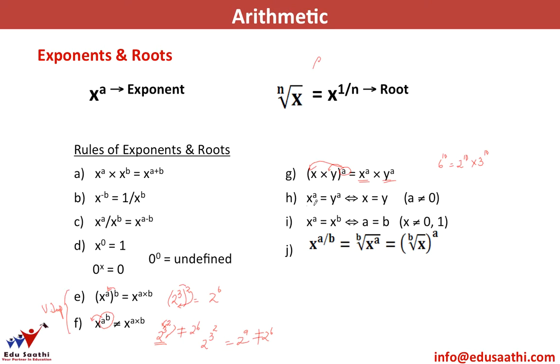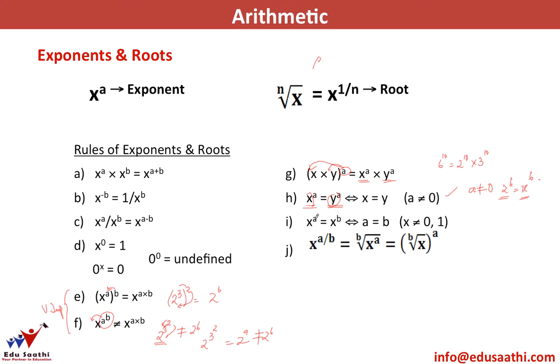Now if x raised to power a is equal to y raised to power a, that means x has to be equal to y, provided that a is not equal to 0. So if we have 2 raised to power 6 equal to x raised to power 6, that means x has to be equal to 2, provided this a, the power which is there, is not equal to 0.